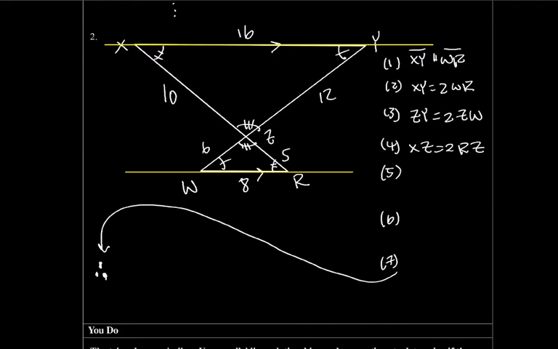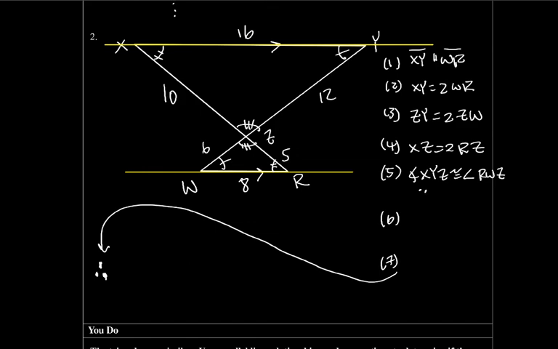So we can do, let's see, angle XYZ is congruent to angle RWZ because they are alternate interior angles.